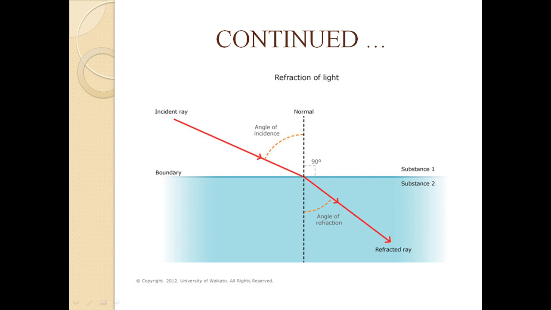This is called the angle of incidence. Similarly, when this incident ray enters substance 2, it changes its angle a little, and the ray is called the refracted ray. This ray now makes an angle with the normal to the surface, which is called the angle of refraction.